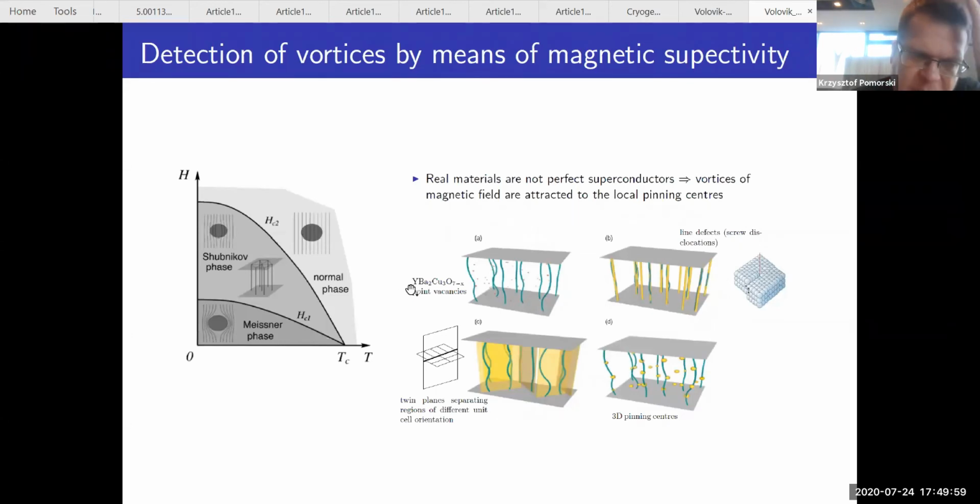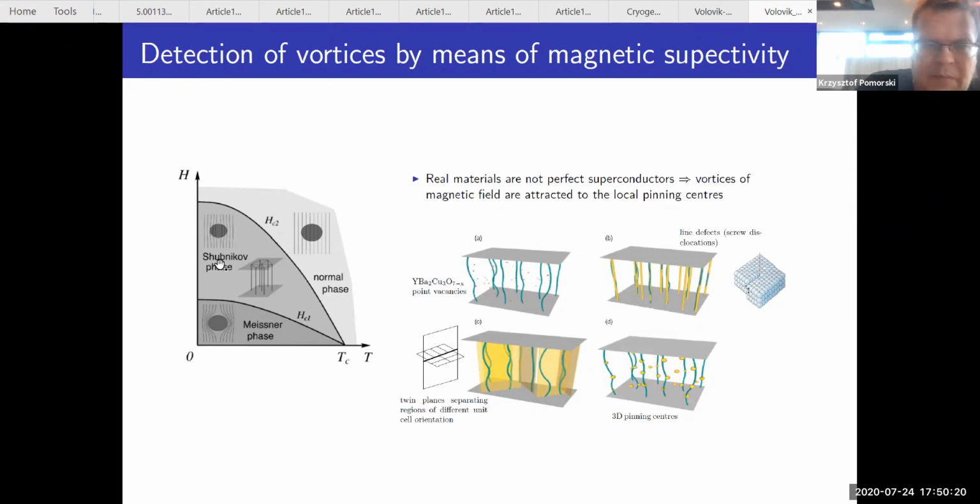This mechanism of Meissner shielding works very well until a certain strength of magnetic field, and obviously for certain temperatures.